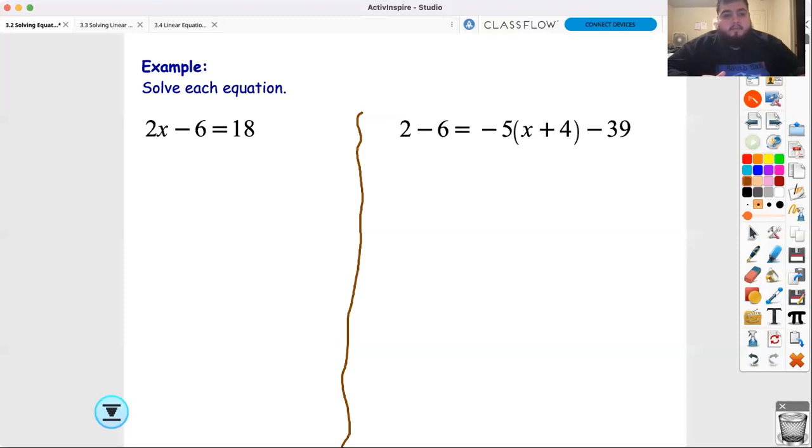All right. Let's take a look at the first example to the left. I'm going to call this one example A. This is B.